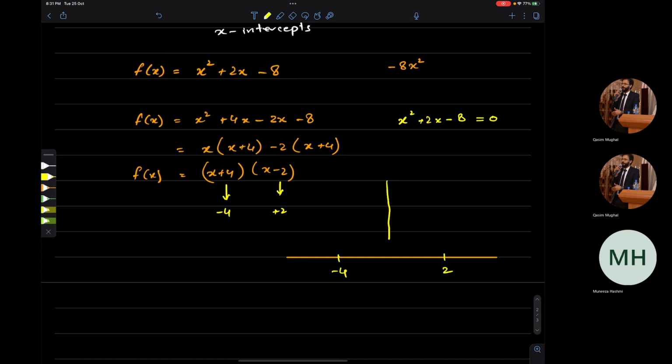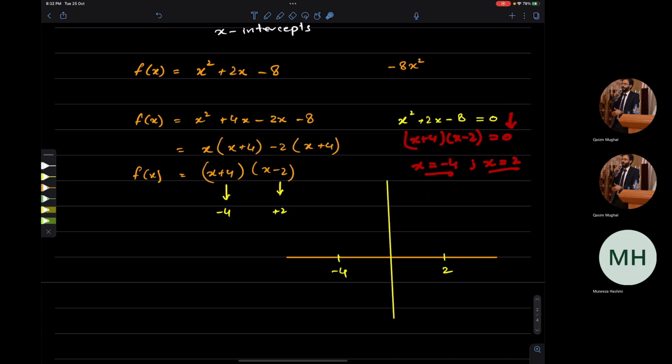Now, if I draw the y-axis here, when we solve it, at the end this is how you do it: x plus 4 times x minus 2 equals 0. So when y is 0, what is the solution? We give the solution as x equals -4 and x equals +2 by applying the zero product property.